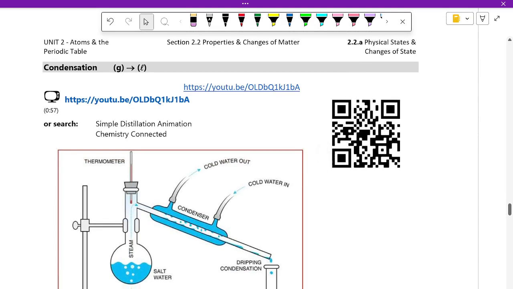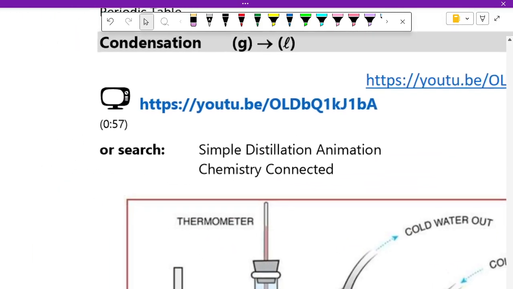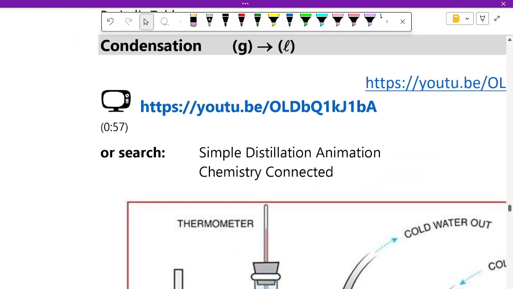All right, condensation. So we're on our next page now. Condensation. What state are we going from and what state are we going to when we condense? We're going from gas to liquid.